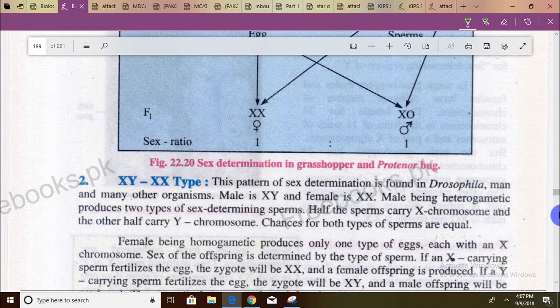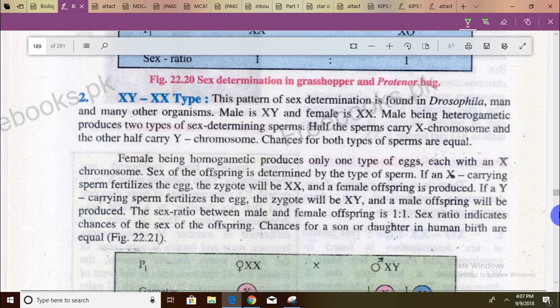This is the XY-XX type. This type is found in Drosophila and in man, so we do in fact have at least something in common. Because the male is XY, the female is XX.